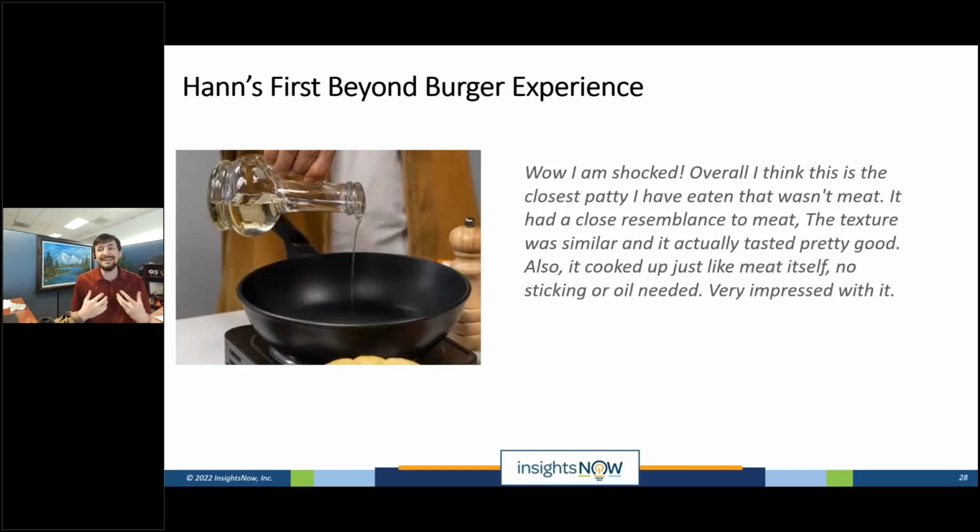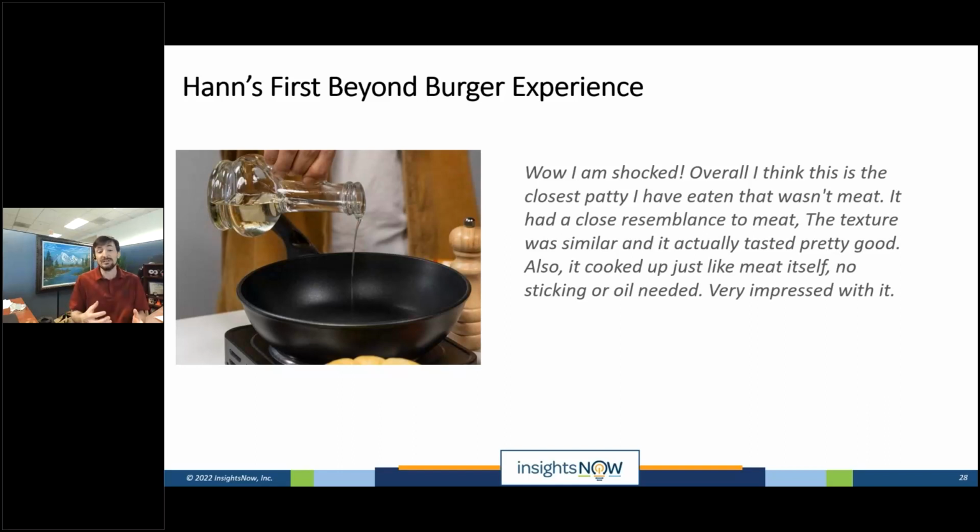Okay, now when he got the Beyond Burger, he was, quote, shocked, right? It was the closest thing he'd ever eaten that wasn't meat, a close resemblance to meat, and he talks about the texture, the taste, and then the last part here, it cooked up just like meat itself. No sticking to the pan, no oil needed, was very impressed with it.